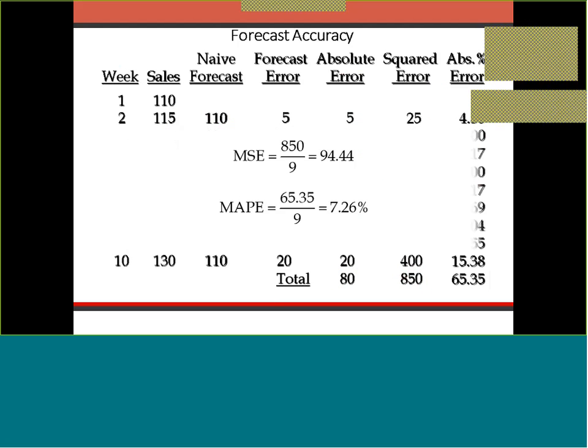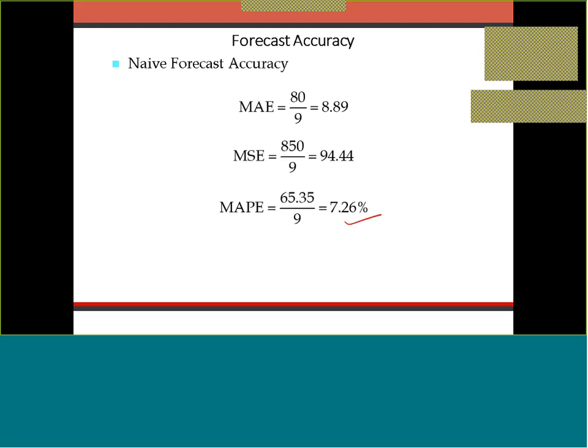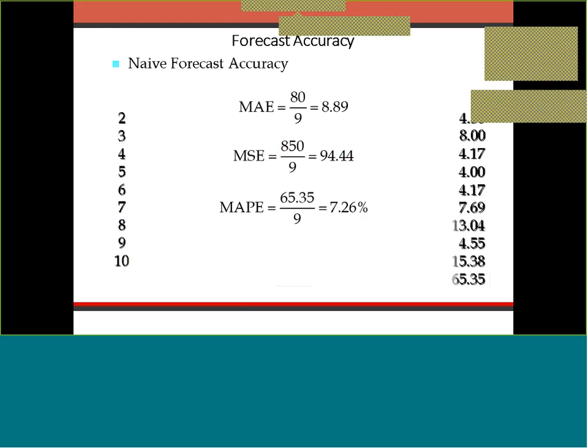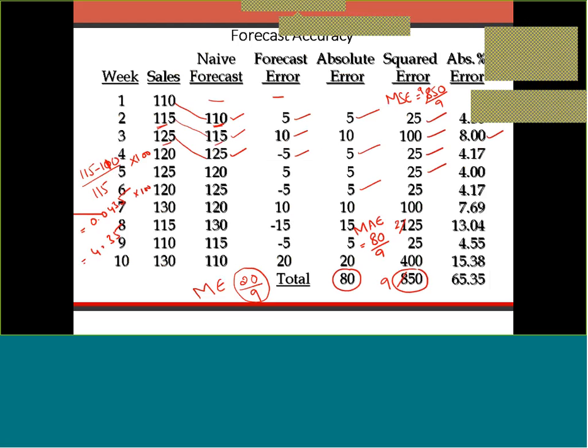So then this must be 950 by 9. So this must be, this is the sum of this column, isn't it? Please check.